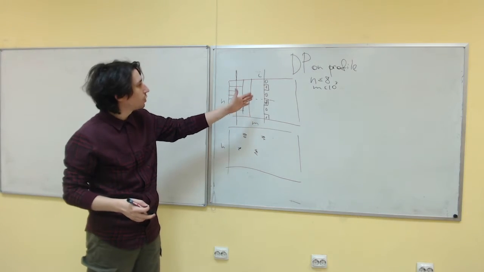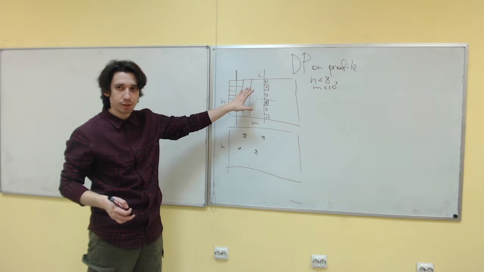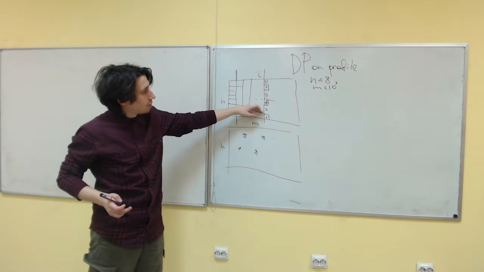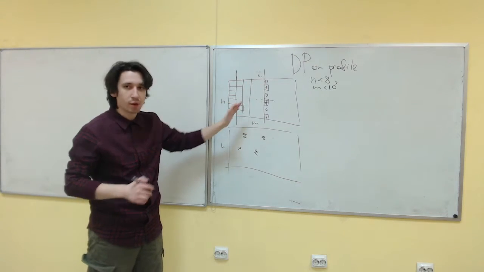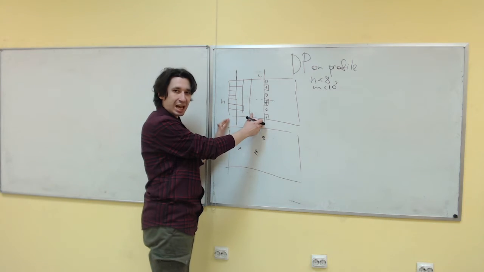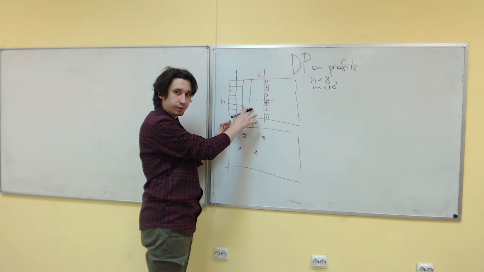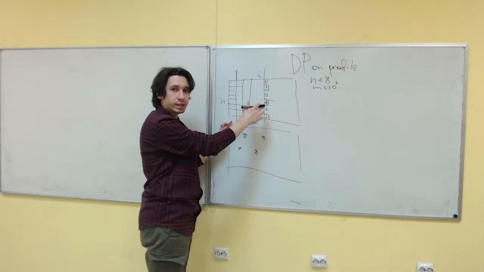We know that we filled already all the first i columns, and we know that some cells are already taken by dominoes on the left. We don't care how exactly the dominoes are positioned here. We only worry about which cells are already taken to the right.